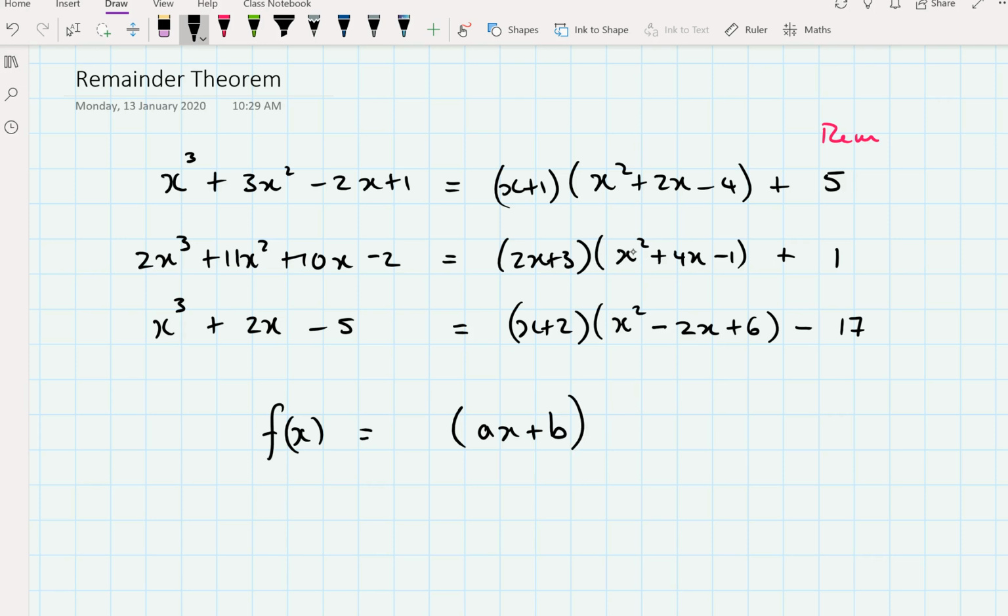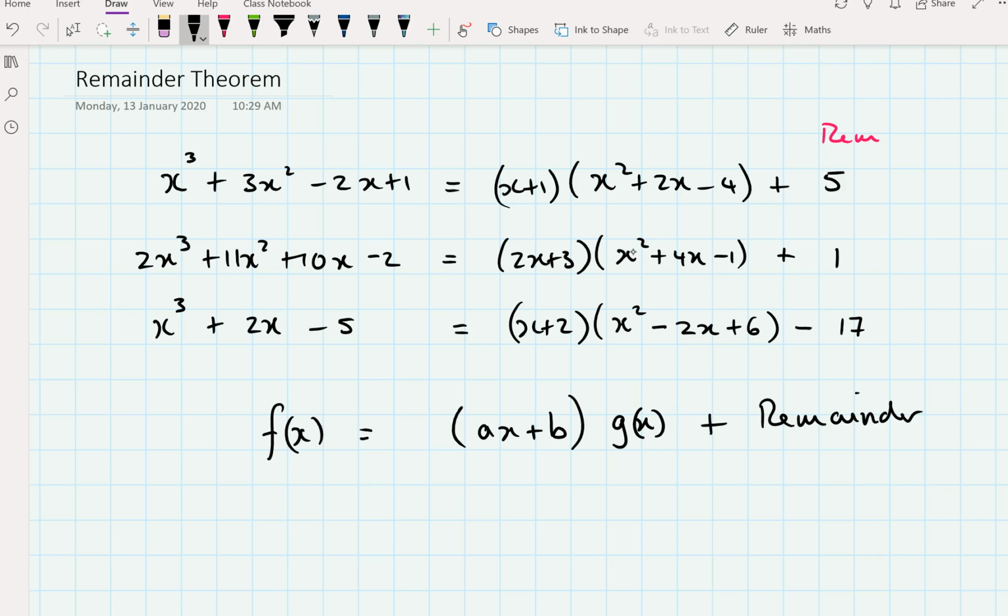There's my little linear divisor that we've had before, and that's going to be multiplied by some other polynomial. I'm going to call it g of x at this stage, and then I've also got to take into consideration that there may be a remainder that's left over.